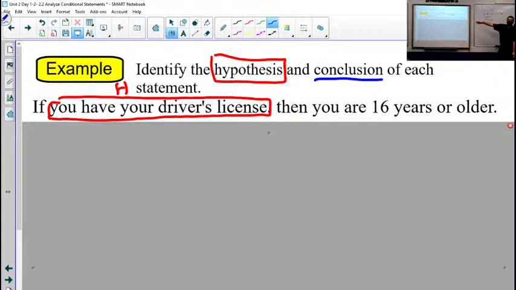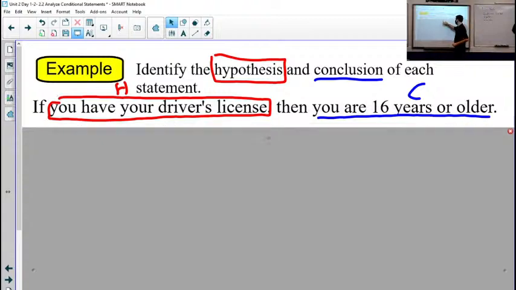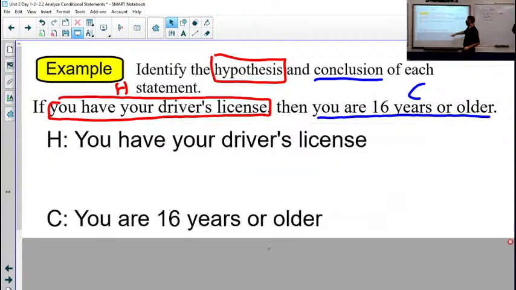So the hypothesis is you have your driver's license, and then the conclusion, remember, the conclusion is the part that comes after the then. You are 16 years or older. So when we write out what the hypothesis and conclusion are, there they are. Hypothesis is you have your driver's license. Conclusion, therefore, we can say that the person is 16 years or older.